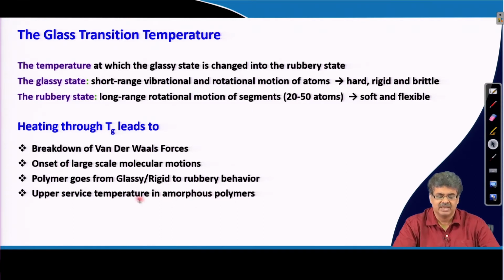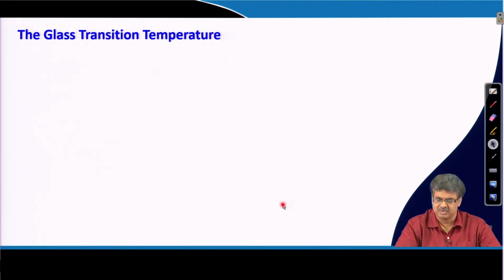So, basically if you talk about PMMA, polymethyl methacrylate, which has a Tg of 105 degrees centigrade, the usable temperature is in fact a little lower. For polystyrene, if the Tg is 100 degrees, the highest useful temperature is probably 90 degrees and so on. So, basically that is the upper service temperature in amorphous polymers.